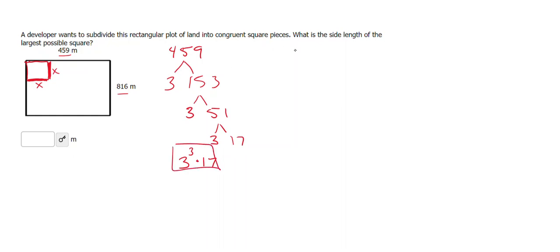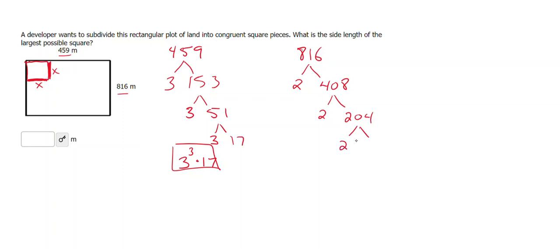Now let's do 816. All right, so 816 we can divide by 2 because it ends in an even number. And that would be 408. Okay, and then 408, even number again, I can divide by 2. So this is 204, even number again.